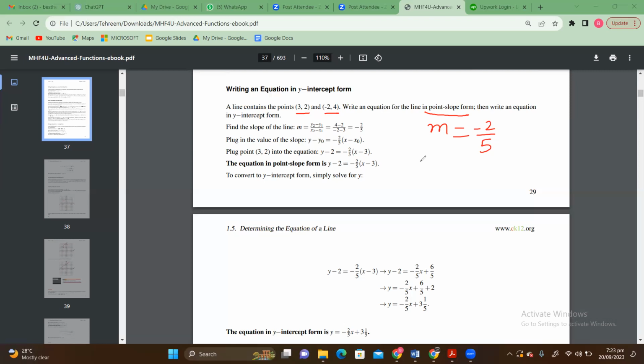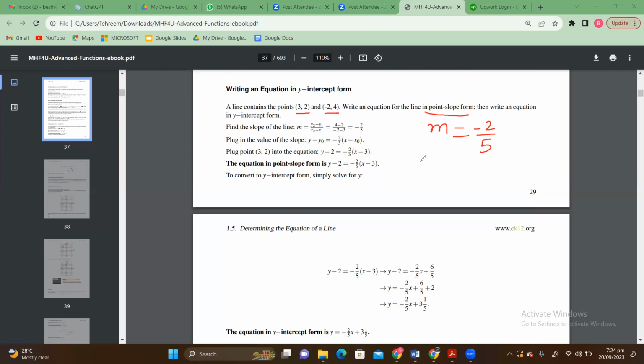So y is equal to minus 2 by 5 x plus 6 by 5, and then plus 2.